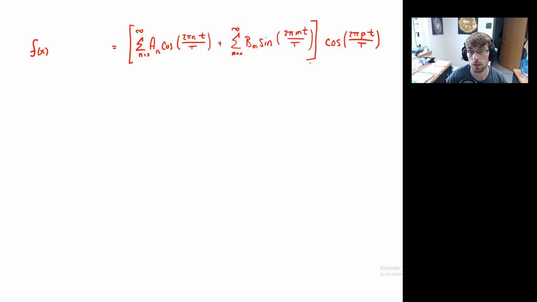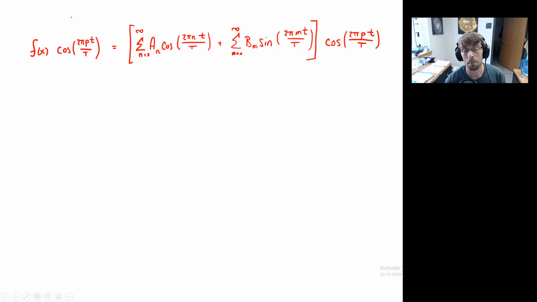Now, of course, if I do that to the right side, I need to do that to the left side. So I'll put cosine of 2 pi p t over T. So nothing funky there, but here comes the magic.